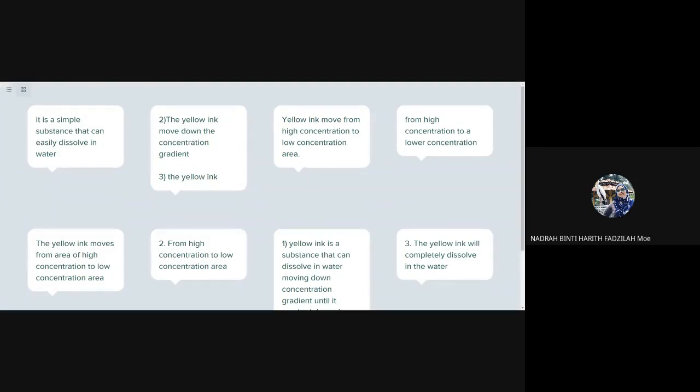For example, the yellow ink moves down the concentration gradient from the top of the glass, or top of the water, to the bottom of the water.